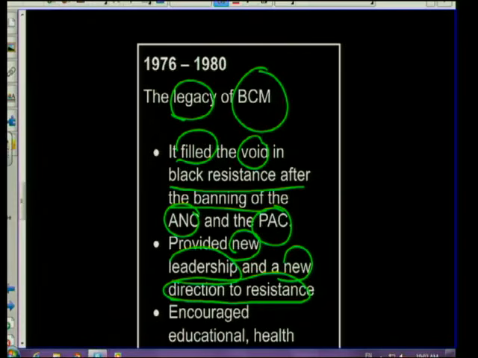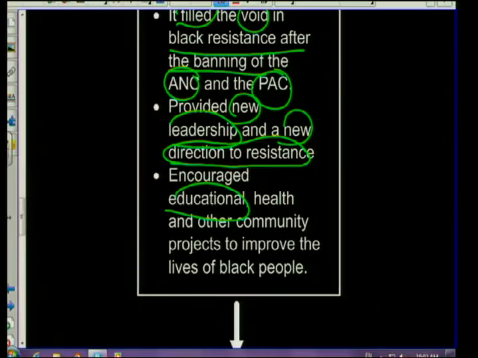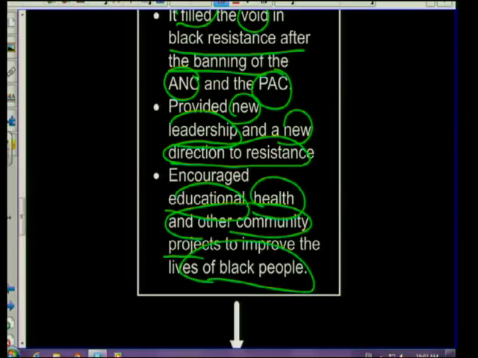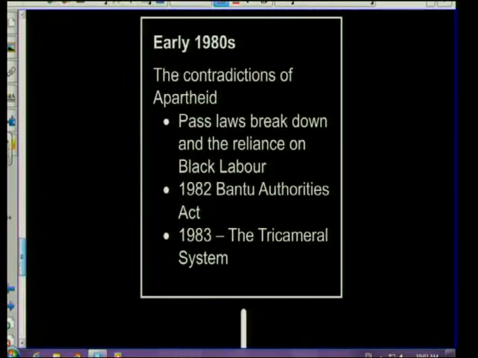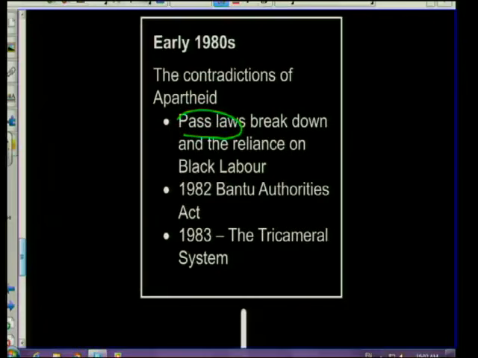Going on, it also encouraged other organizations like the educational sector, the health sector, and other community projects to improve the lives of black people. If we move on to the flow chart, we look at the early 1980s and the contradictions of apartheid, the pass laws that broke down, and the reliance on black labor.